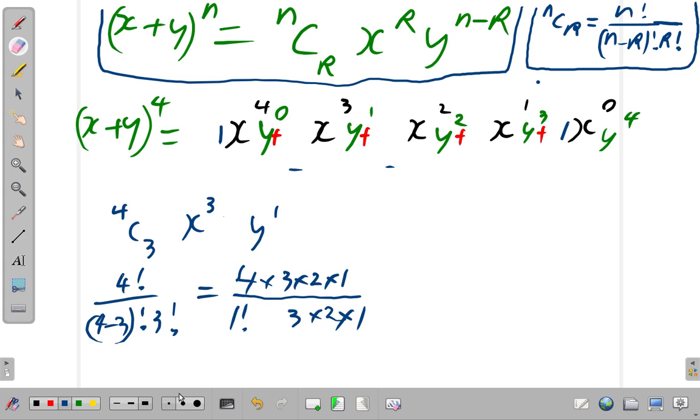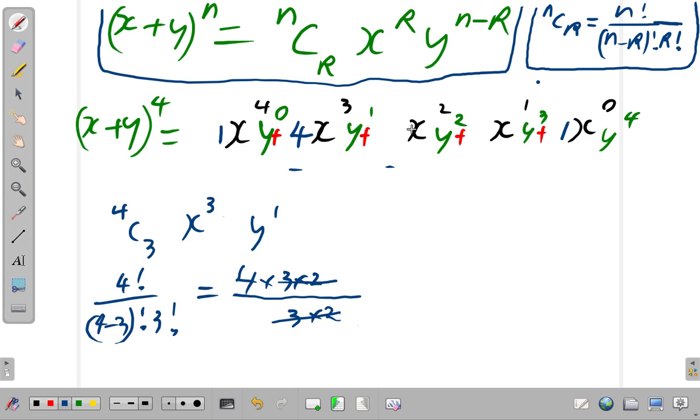But 1 factorial is just 1, so we just make this remain 1. 1 times anything is itself. So we can just take off the 1s, because whether we multiply them or not, they remain the same. Those cancel. You have 3 by 2 cancel 3 by 2. So it seems as if the number that should come here is 4.